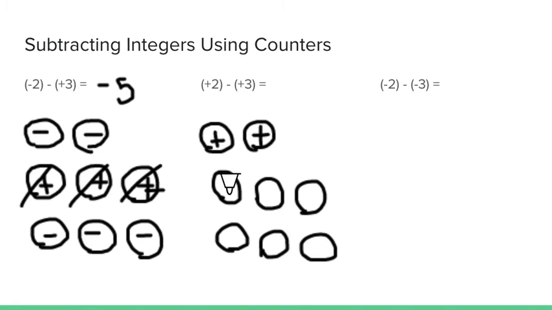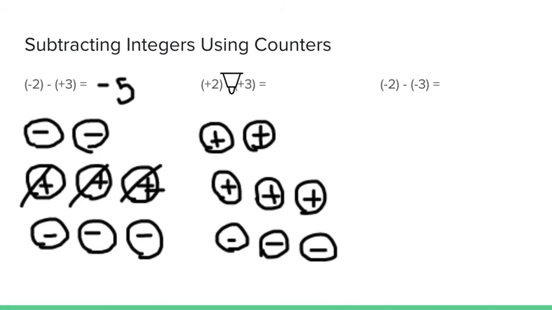So here are my 3 positives. And here are the 3 matching negatives which I had to draw in. Okay, so I have +2.